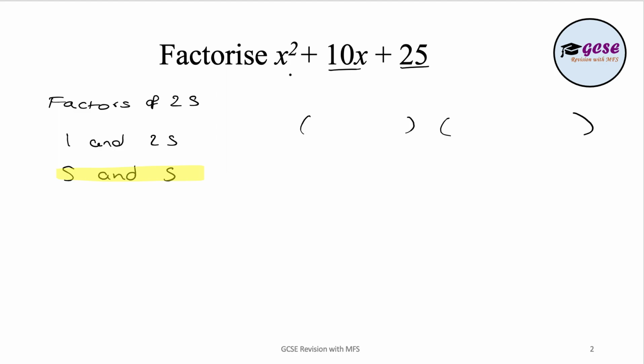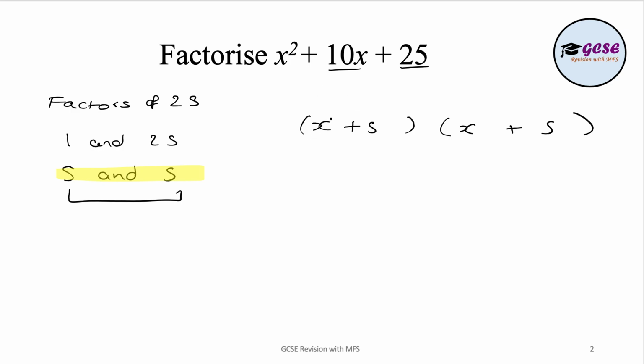Because we've got a positive x squared, we're going to have an x in both brackets. Then we add the 2 terms we selected, positive 5 and positive 5. So our factorized version of this quadratic is x plus 5 and x plus 5.